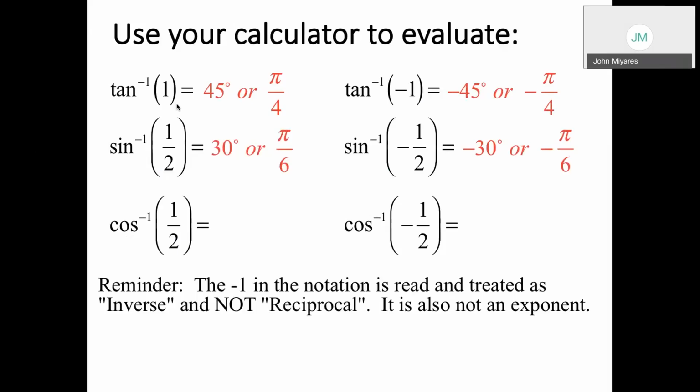The inverse cosine of 1/2 is 60 degrees, and the inverse cosine of -1/2 isn't -60 degrees, but rather 120 degrees or 2 pi over 3 radians. Now let's think about that for a second. 120 degrees is in quadrant 2. It is a 60-degree reference angle, but in quadrant 2, cosine is negative.